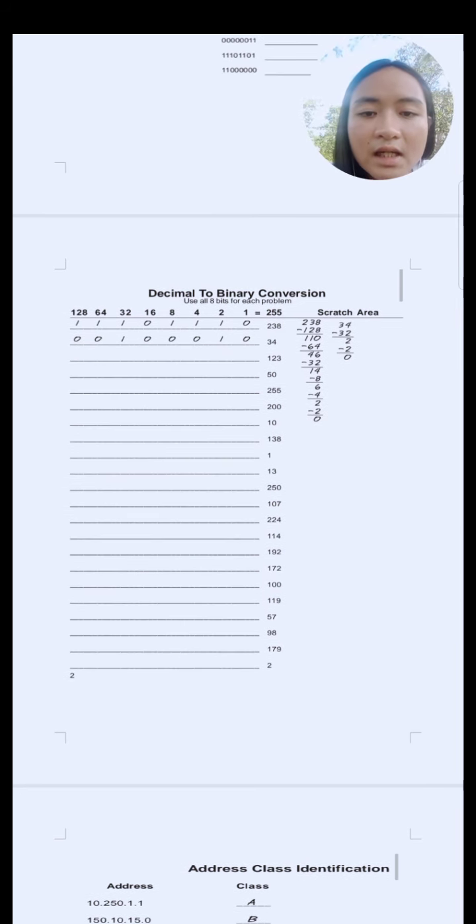So second, it's 238. In order to get 238, we just need to add 128 plus 64 plus 32 plus 8 plus 4 plus 2. If you add that, the result is 238.